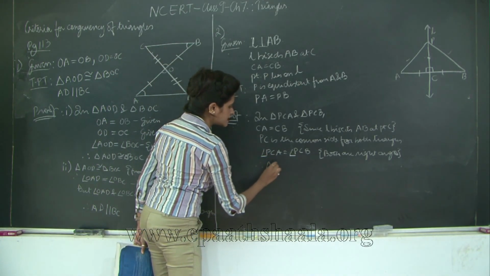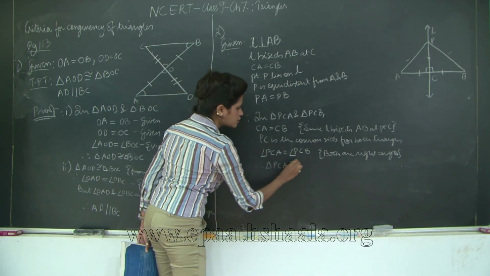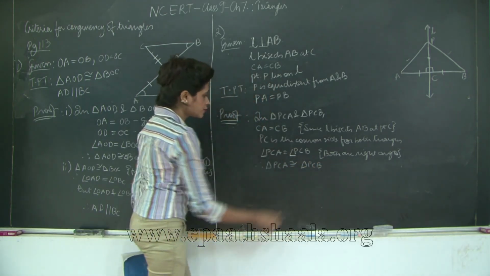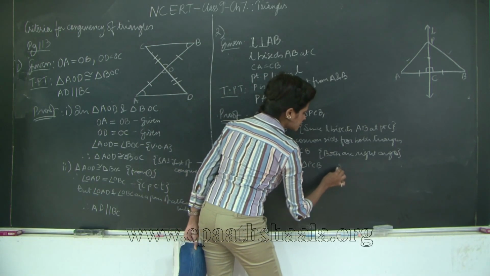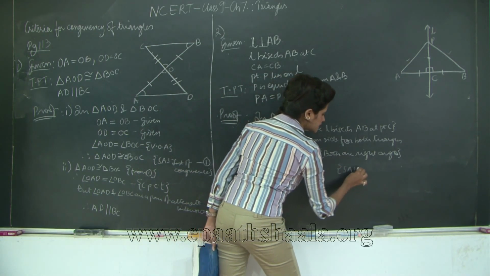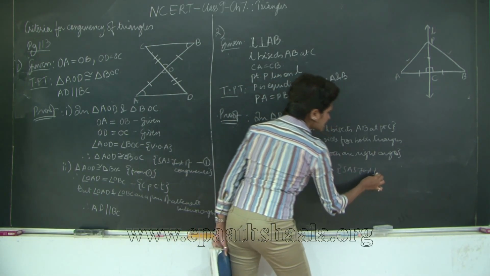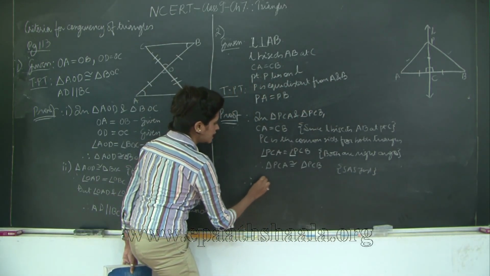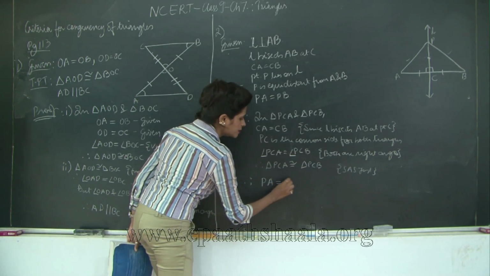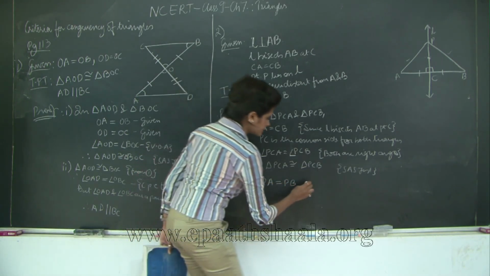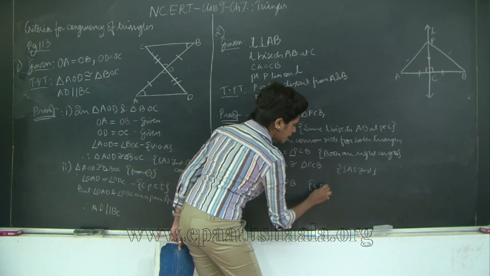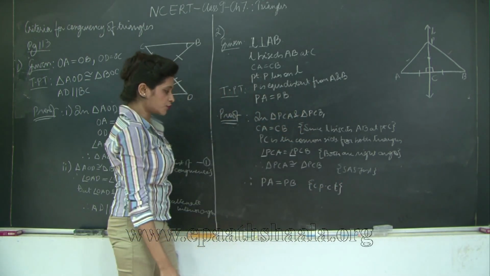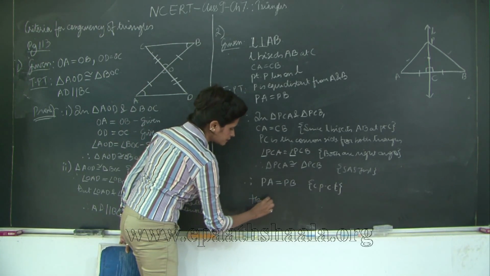That triangle PCA is congruent to triangle PCB. How? Through the SAS test of congruence. So, I will just write SAS test. Therefore, what do I have? PA is equal to PB. Why? Corresponding parts of congruent triangles. Hence proved. So, I will say hence proved.